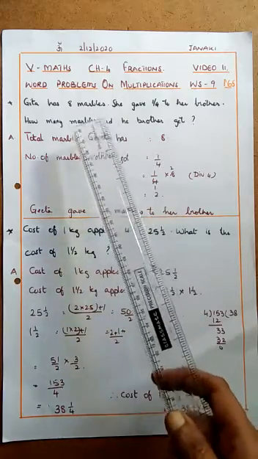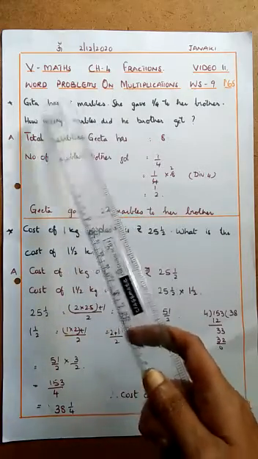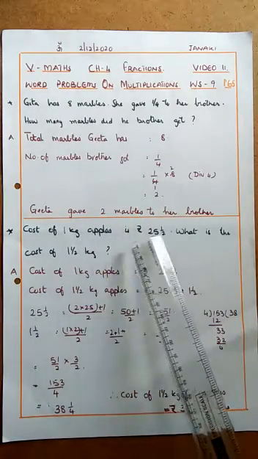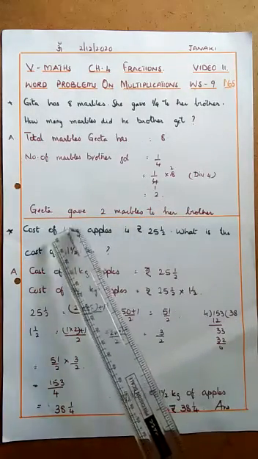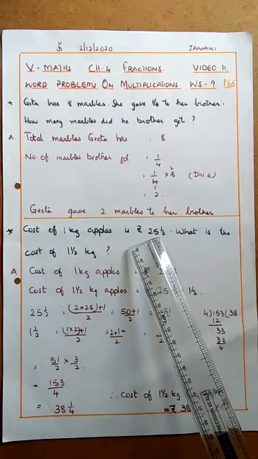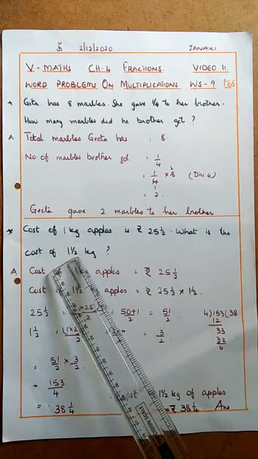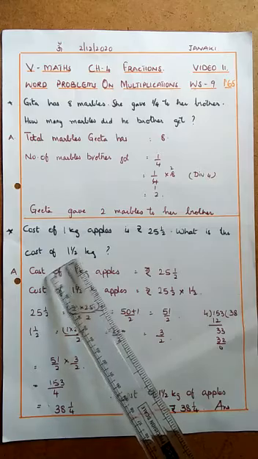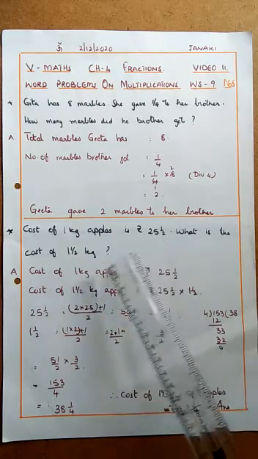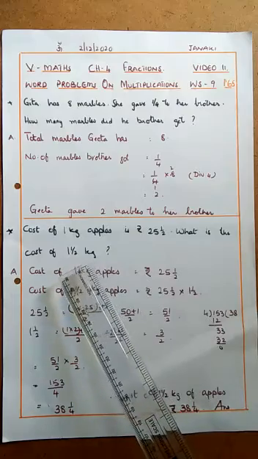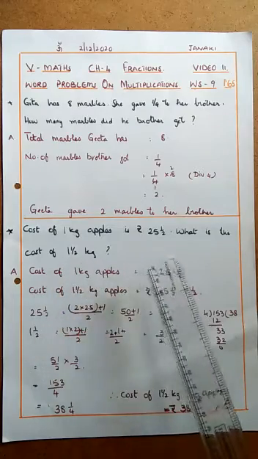So here, in the previous problem we were given a whole number and we found 1/4 of it, isn't it? But here the cost of 1 kg apples is 25.5 rupees and we have to find the cost of 1.5 kgs of apples. So here we are doing the multiplication, but both are mixed fractions that are given to us.